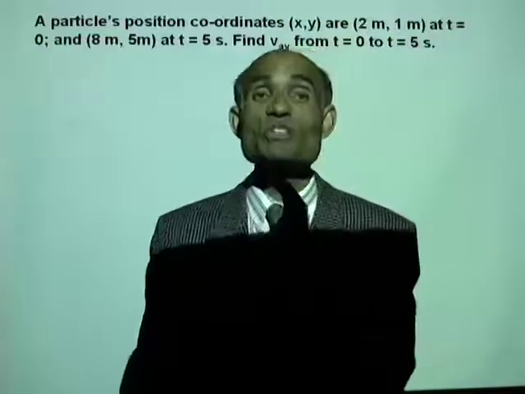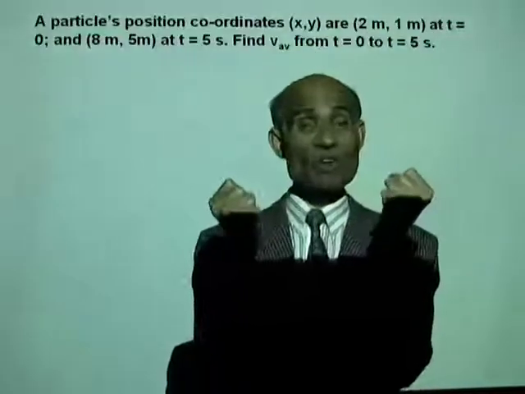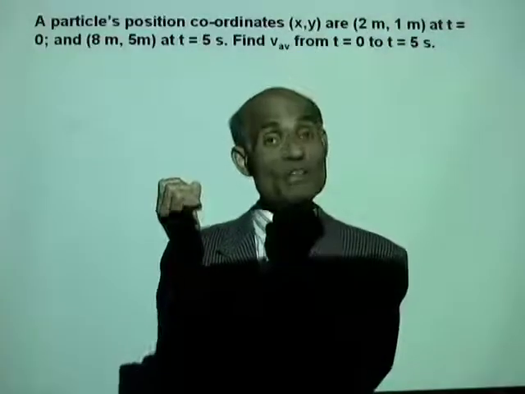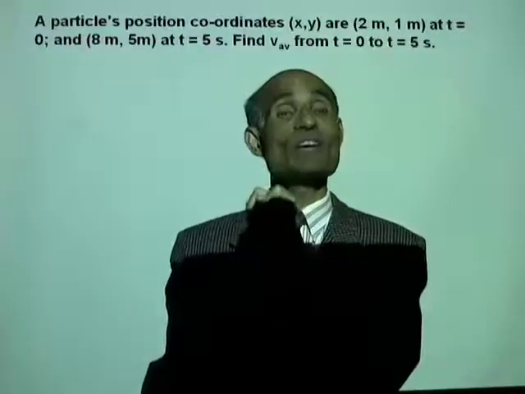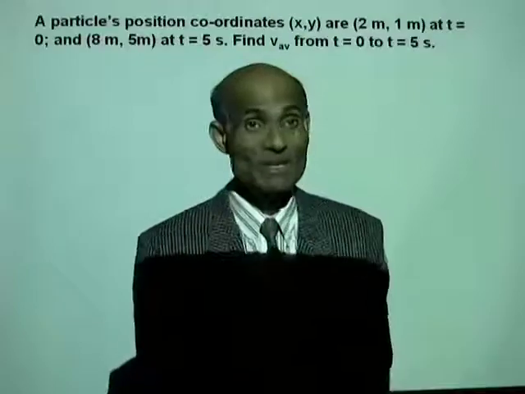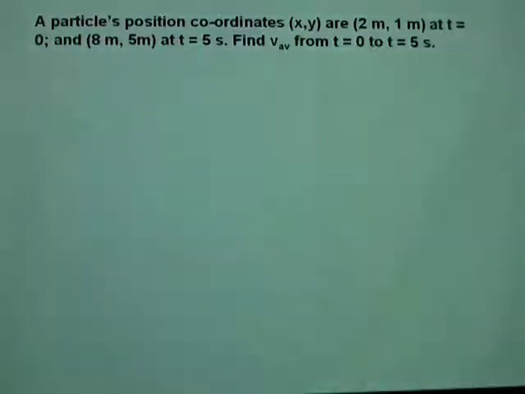Therefore, you need to calculate the average velocity in the x direction and then calculate the average velocity in the y direction. Is that right? Because in our initial definition of average velocity, this is what we did. V average is delta x divided by delta t.